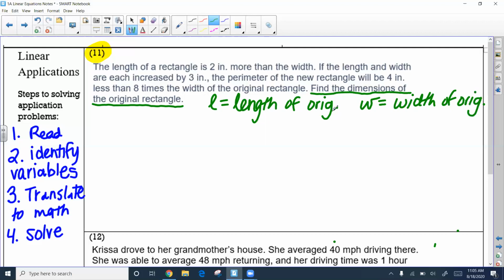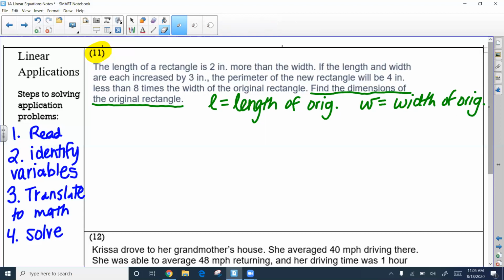Notice I abbreviated original, so I don't have to write it all out. You could use X and Y, you could use A and B. It doesn't matter what actual letters you use, you just want to say what they stand for. So step 2, identify the variables. L is the length of the original and W is the width of the original.